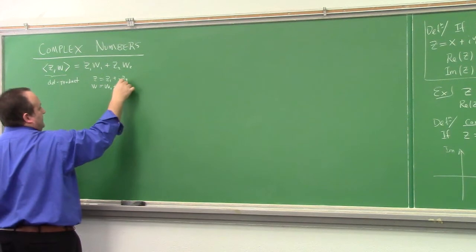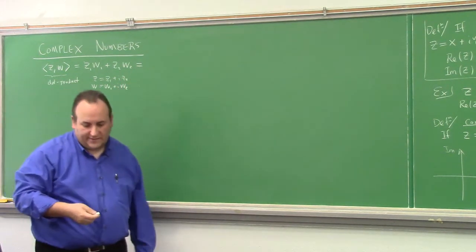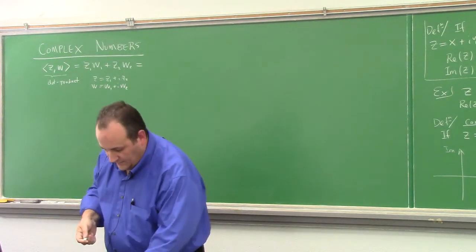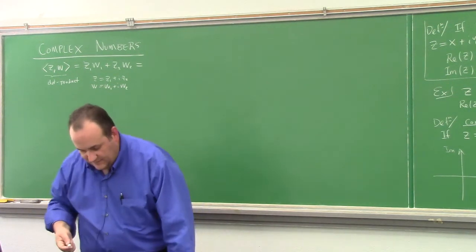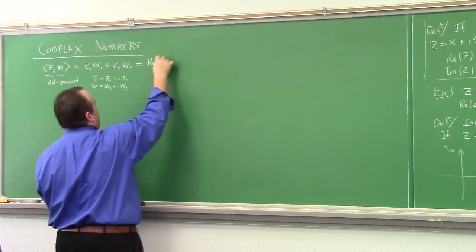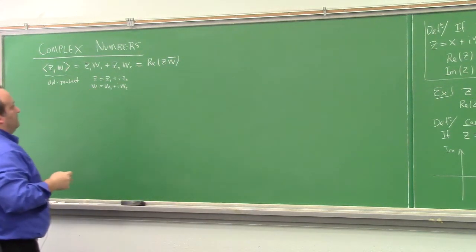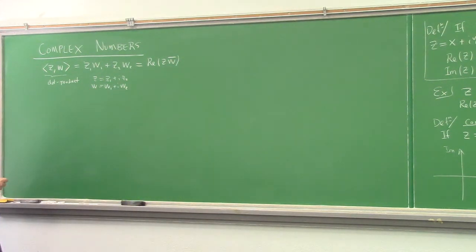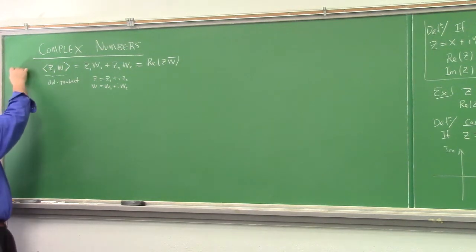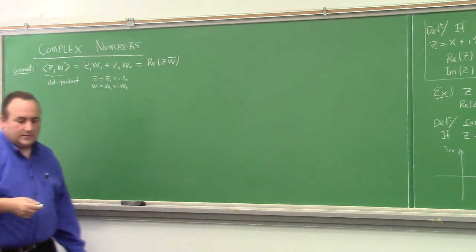So there's a formula for the dot product of the two two-dimensional vectors in terms of the product of Z and W bar. It's the real part of Z W bar. I'll just leave that as a comment, all right? I won't work that out here. I think you have a homework that's basically about exploring that formula.